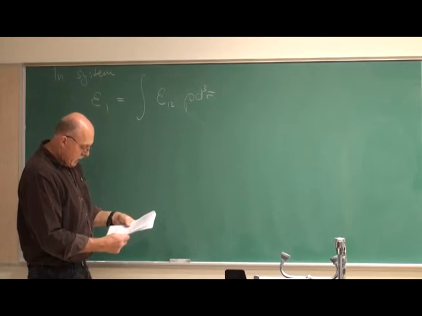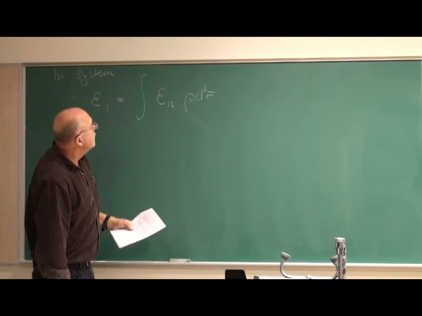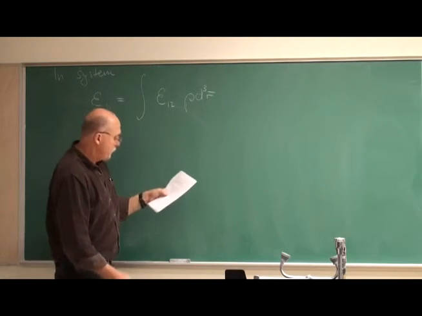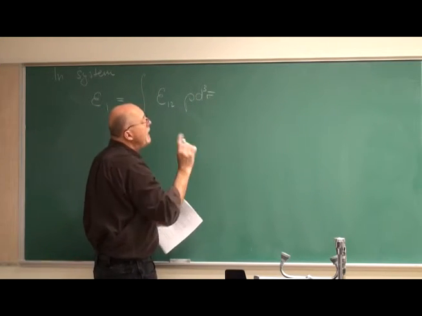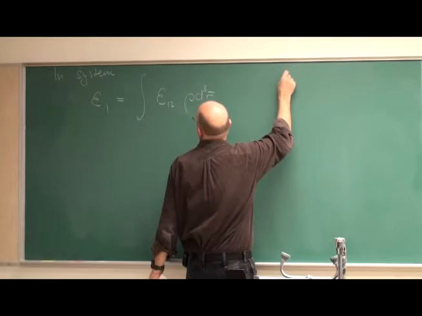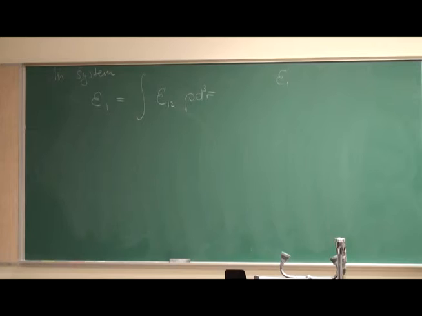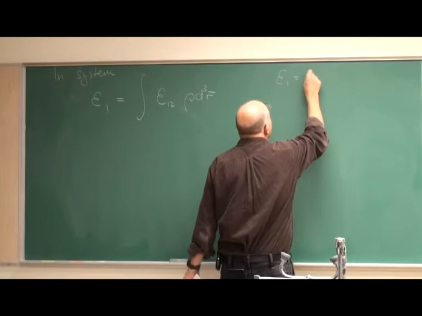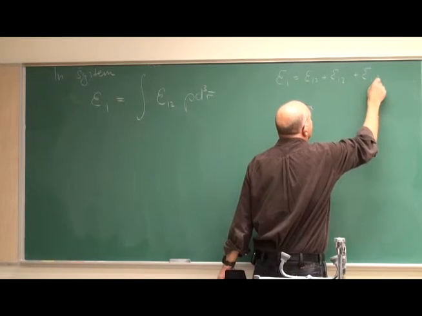And then I'm going to multiply this. Okay, so let's imagine doing this. If I have this E1, and I'm looking at this term, I'm going to have E12 plus E13 plus E14.